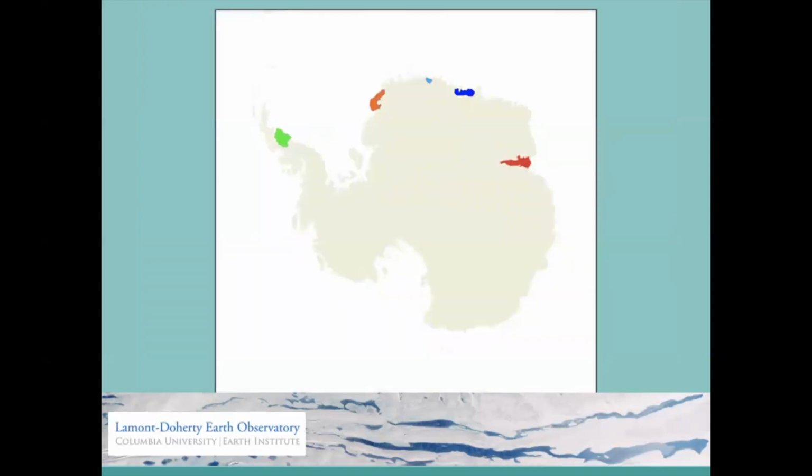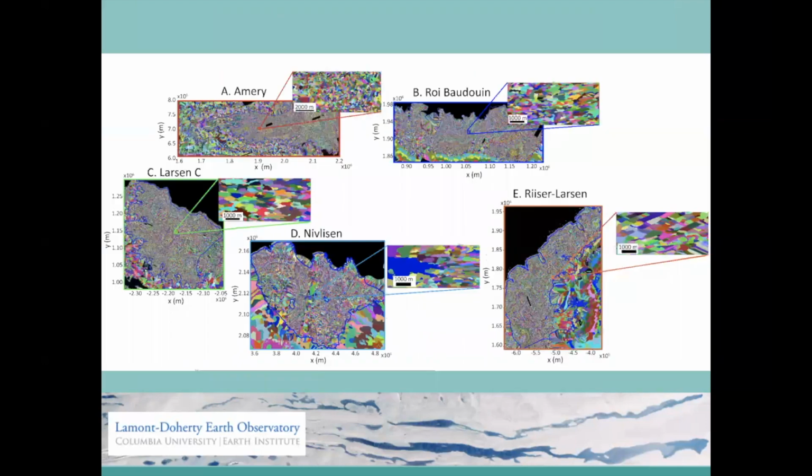So I've been practicing these algorithms on 5 ice shelves with histories of surface melt observations: the Larsen C, the Riiser-Larsen, Nivlisen, Rayner, and Amery ice shelf. So here we have the raw or disconnected catchment system.